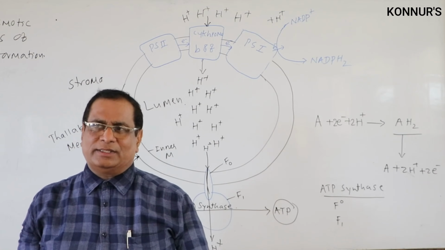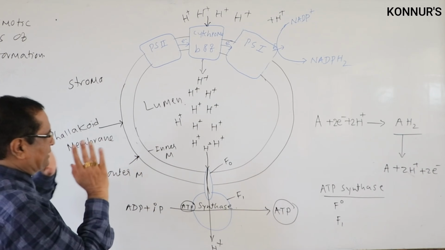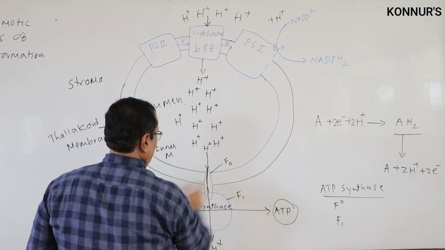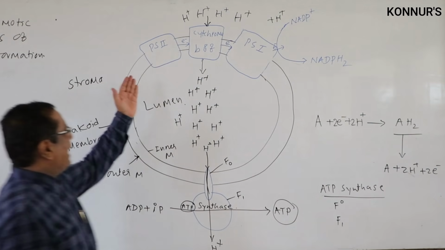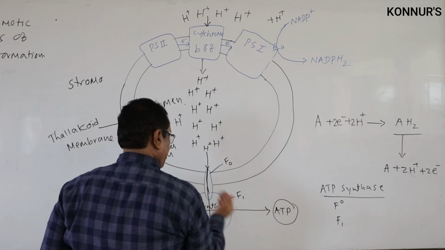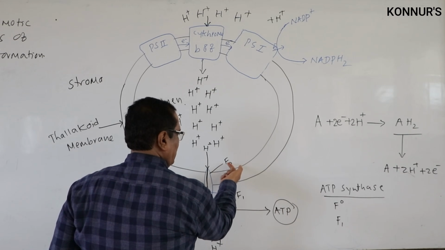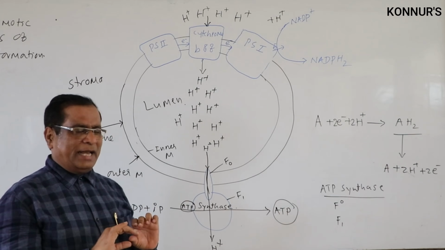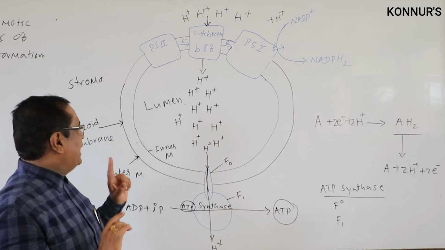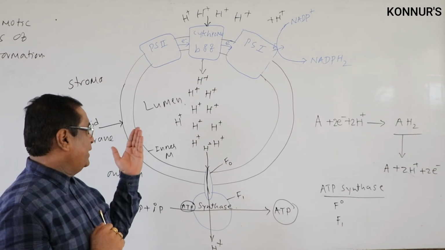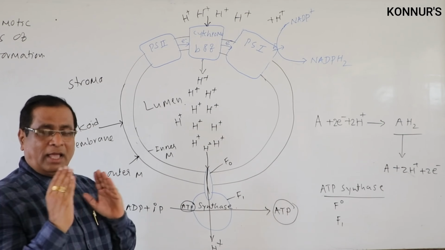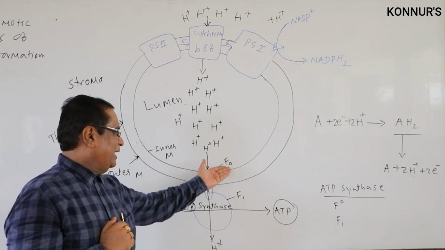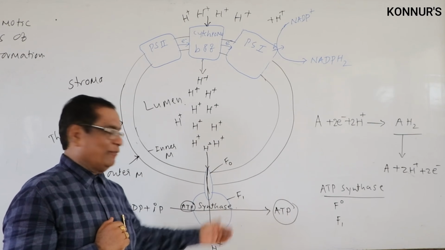And in our NEET questions, they can give this structure in which everything will be coded, A, B, C, and then D, E, everything. Your work is to give the right answer, where they can give A is photosystem second, B is cytochrome B and F, and C is photosystem first, and D is F0, E is F1, like this.